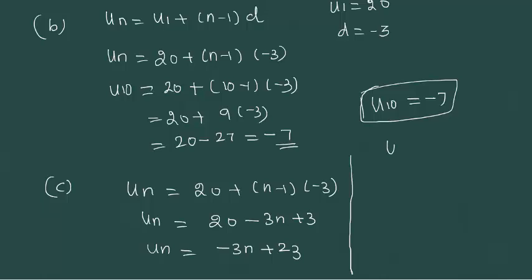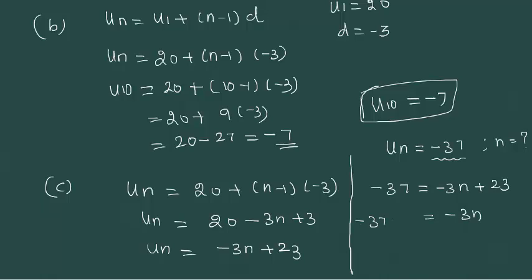Here the question is, if un is minus 37, what is n? So if we substitute minus 37 instead of un, you get minus 37 is equal to minus 3n plus 23. Simplify this: minus 3n is minus 37 minus 23, minus 3n is minus 60, so n is 20. So the 20th term of the sequence is minus 37.